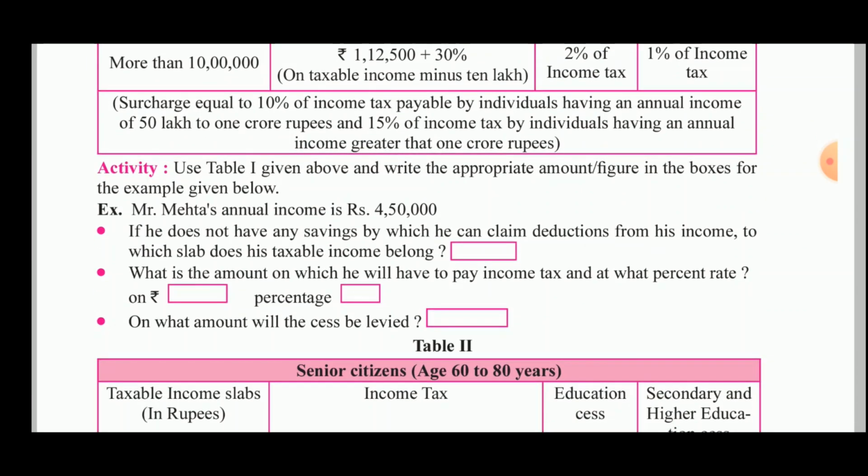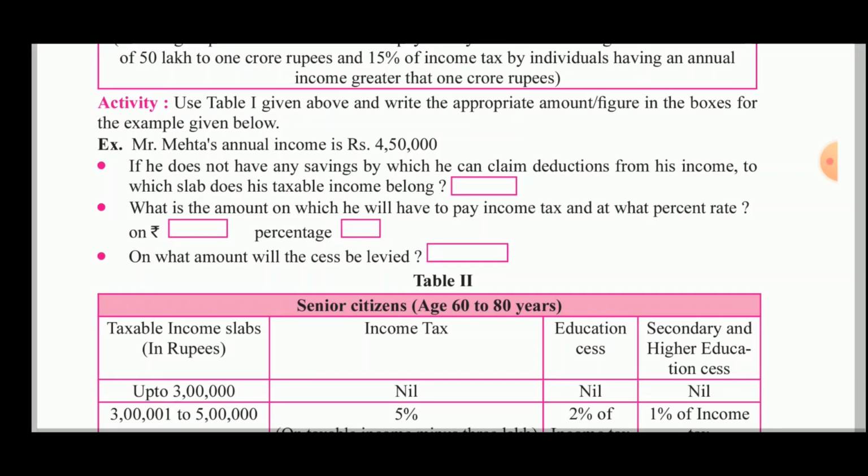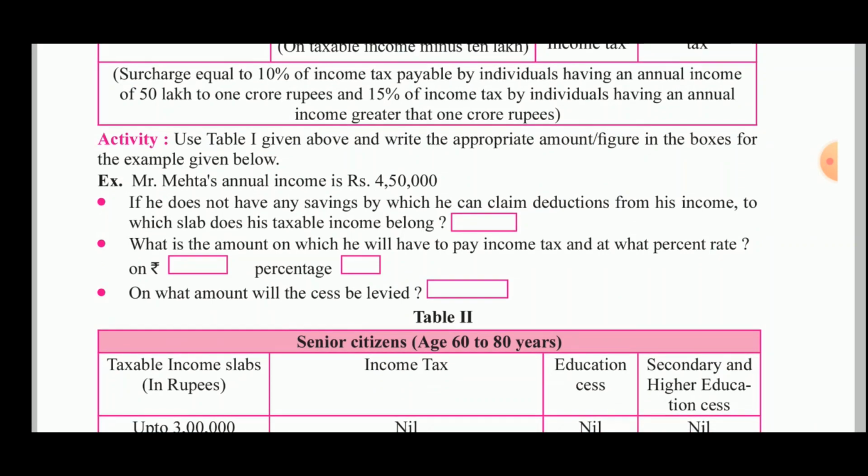So, use table 1 given above and write the appropriate amount or figure in the boxes. For example, Mr. Mehta's annual income is 4,50,000. If he does not have any savings by which he can claim deduction, to which slab does his taxable income belong? Annual income is 4,50,000, so on the first 2,50,000 there will be no income tax.